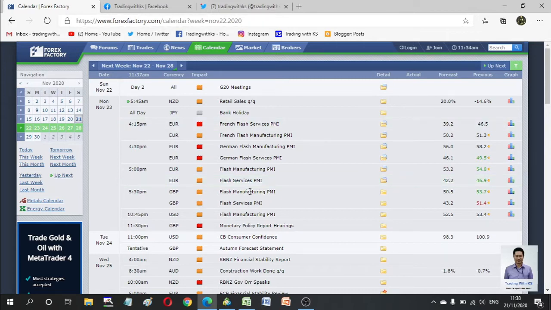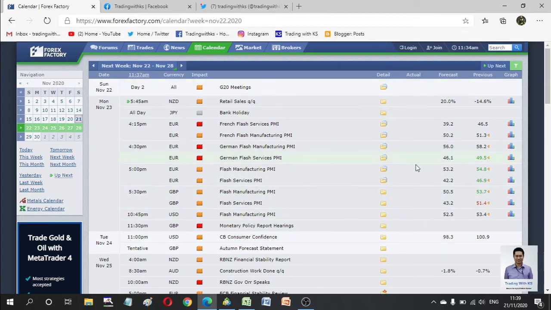Okay, so pound. On Monday there will be a manufacturing PMI also for the pound. They also expect a lower result, and the services index also a lower result. And USD in the evening, they also expect a lower result for the manufacturing index.